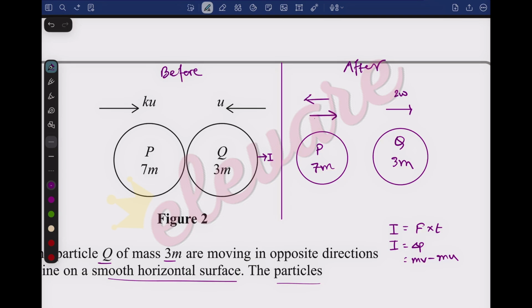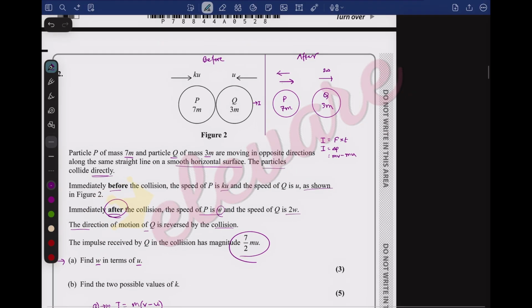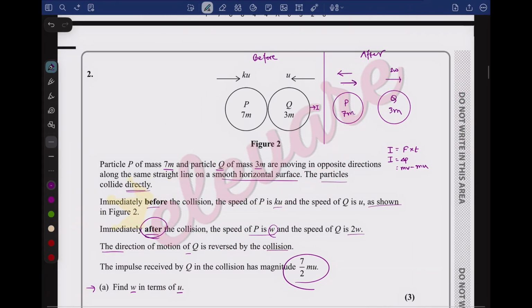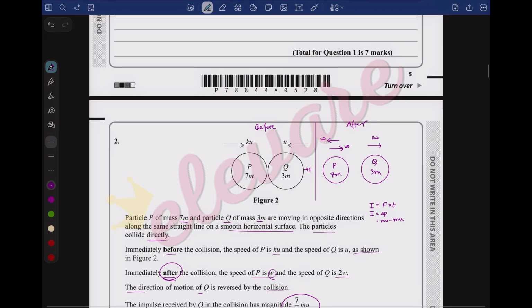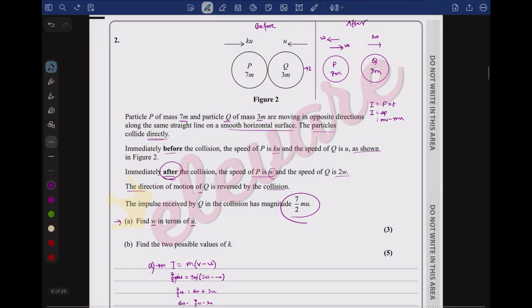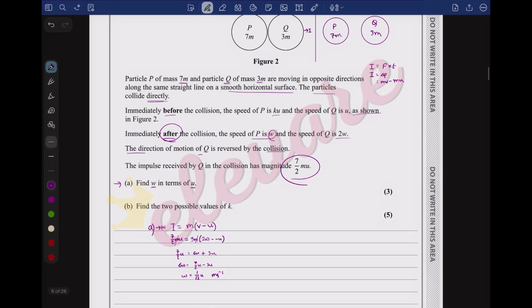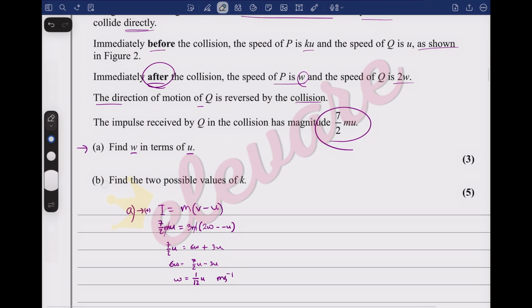We don't actually know, but what we do know is the speed of P, which is w. So w here, w there. So we have two possibilities, and that possibility is what's going to be helpful in part B. Very useful, actually. Find the two possible values of k. What is k?